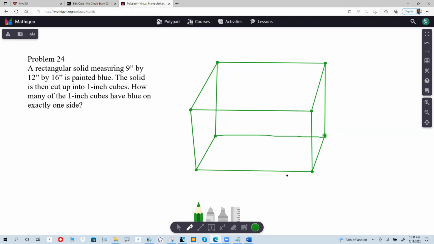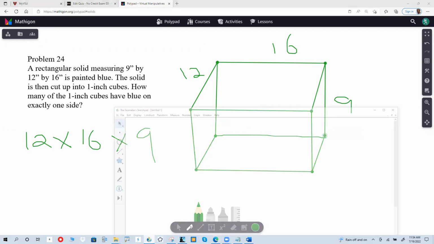Okay, this is a block that's 12 by 16 by 9. If you're going to cut it up into 1-inch cubes, basically it will be the volume of this box. What's the volume of this box? Length times width times height.